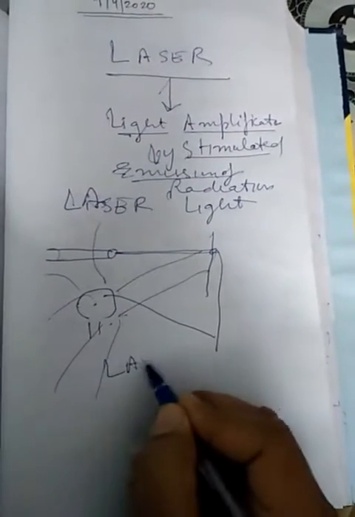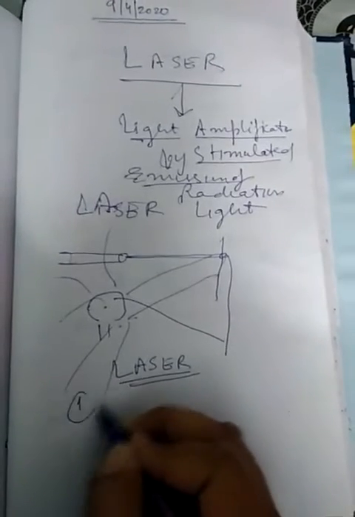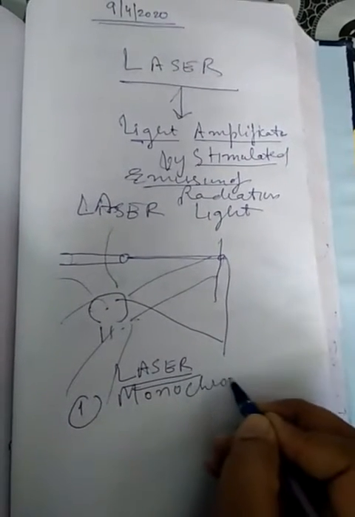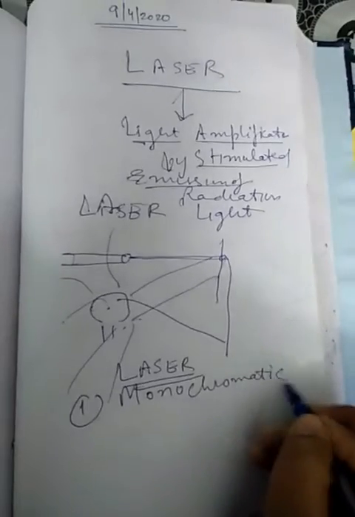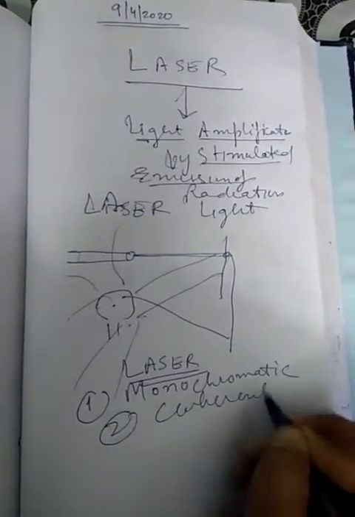So laser has some special properties. One important property is that it is monochromatic. Second, it is coherent. Third, it is very intense.